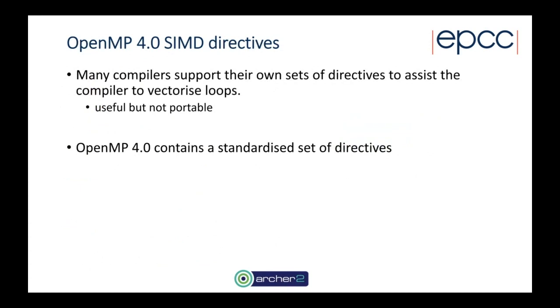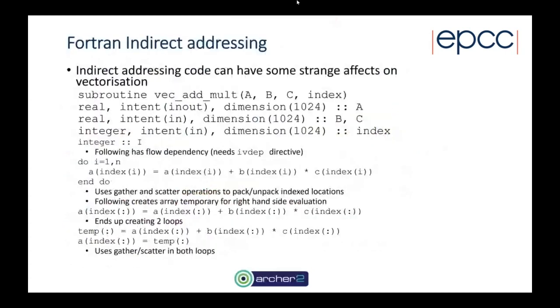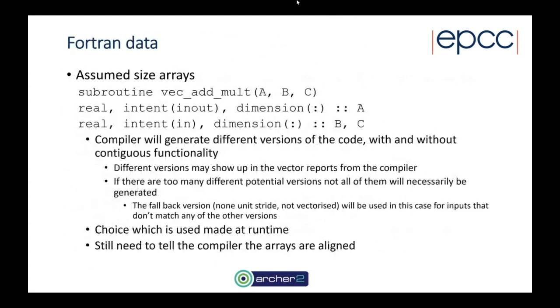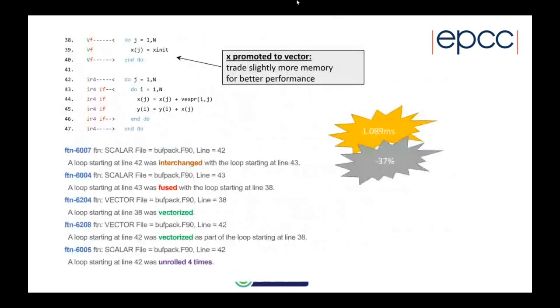The final thing I wanted to say is that some of the OpenMP functionality from OpenMP 4 is directly designed to help with vectorization. This can be useful because a lot of the stuff we've talked about in here, these hash pragmas, these compiler directives, can often vary between compilers.